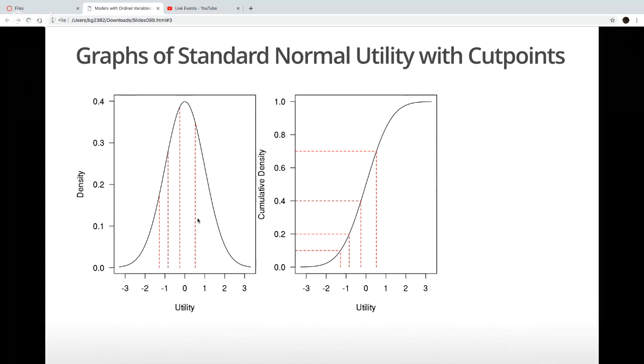But this idea of having cut points through a CDF is something that is sort of unique to the idea of modeling ordinal variables. You see the same thing if you estimate an ordinal variable using frequentist methods such as maximum likelihood. They're also going to be estimating these cut points, but like with any frequentist method, it's not really giving you a posterior distribution of what you should believe about the coefficients or the other parameters conditional on the data.